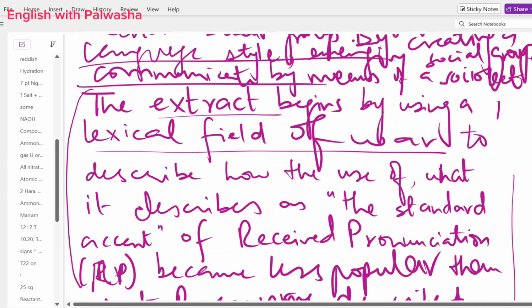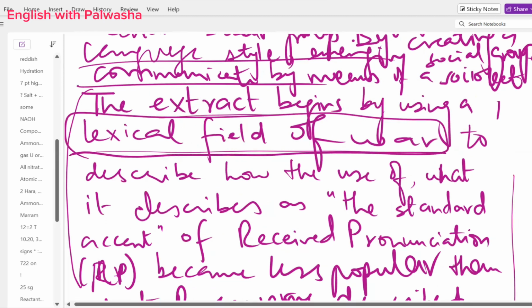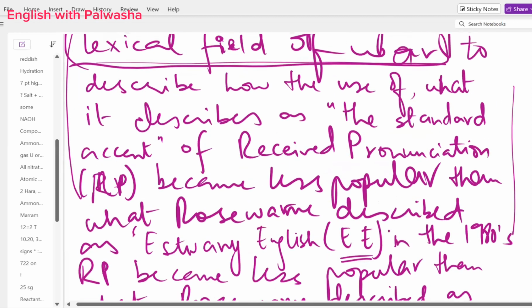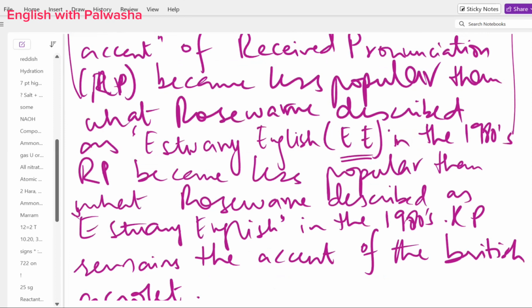The first paragraph of the extract: the extract begins by using a lexical field of war. We have informed them how the extract begins, with which topic or purpose. It begins with the lexical field of war. There was a war between accent and pronunciation, to describe how the standard accent of received pronunciation, RP, became less popular than what Rosewarne described as estuary English in the 1980s.